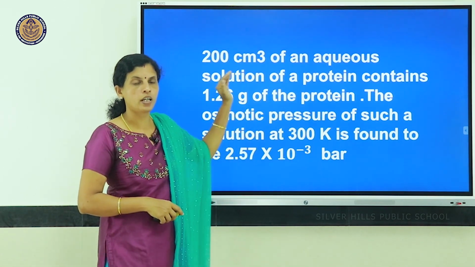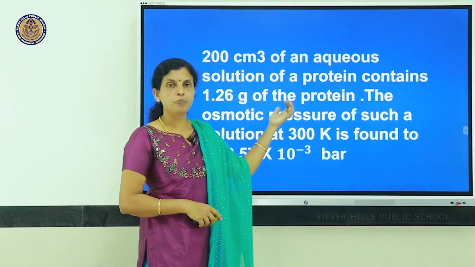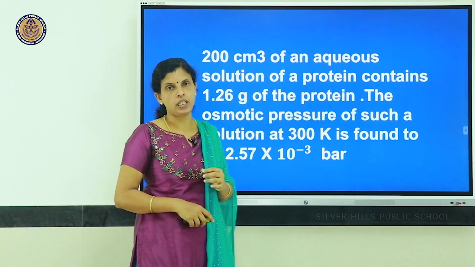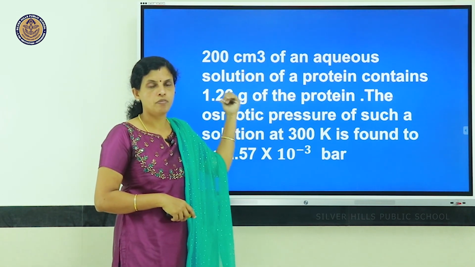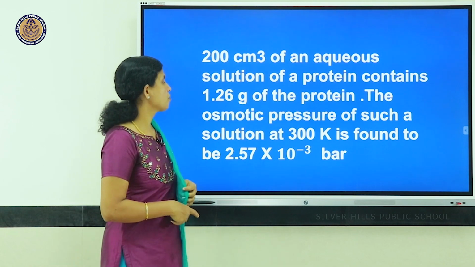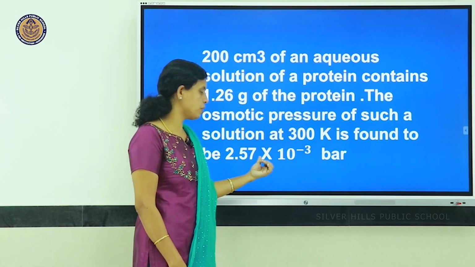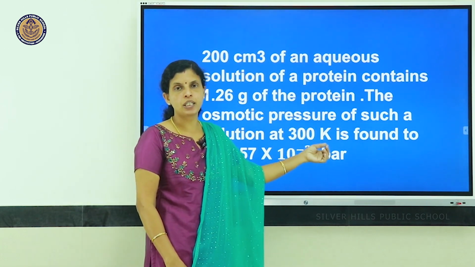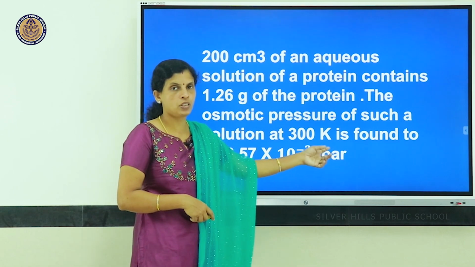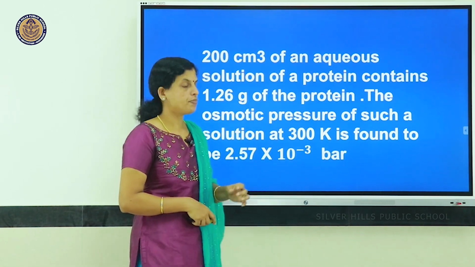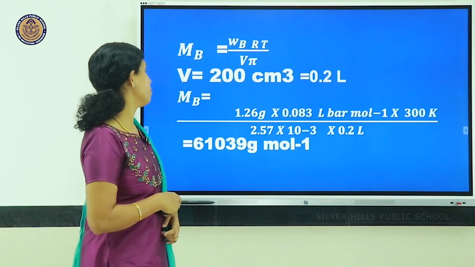Volume of solution equal to 200 centimeter cube. Weight of solute, that is protein, equal to 1.26 gram. Pi equal to 2.57 into 10 raised to minus 3 bar. And the temperature of solution is 300 Kelvin.